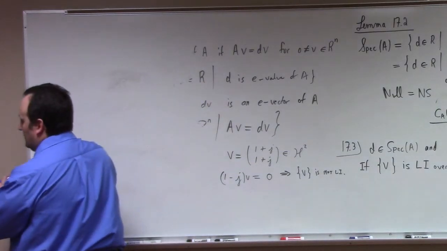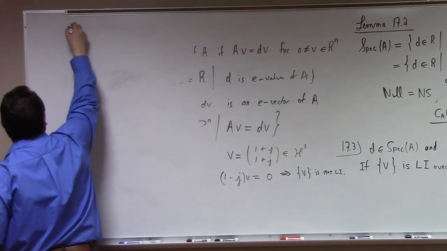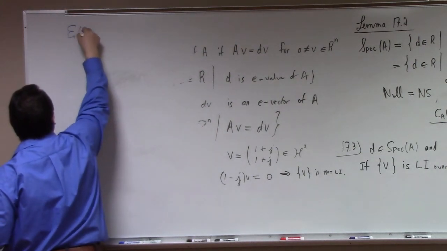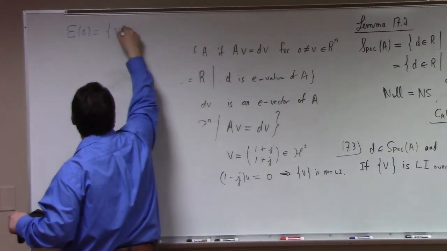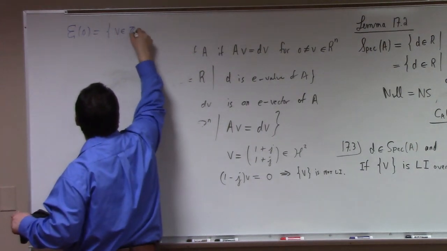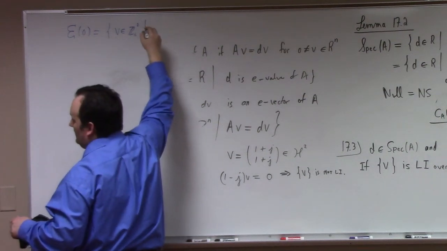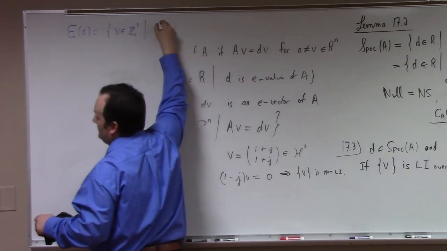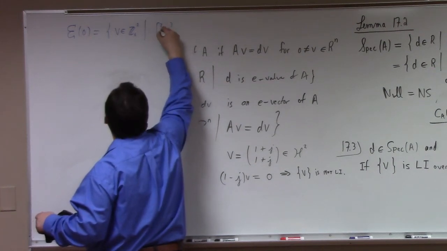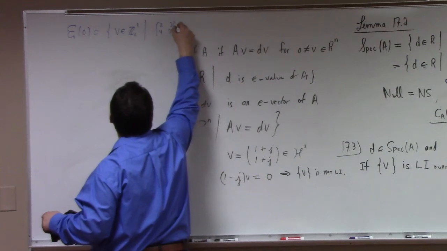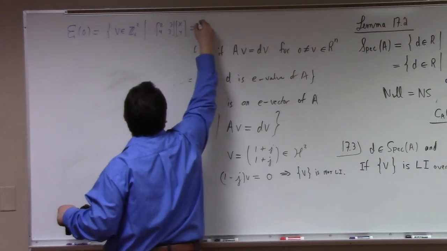So you guys tell me, what does the eigenspace for 0 look like? We're looking for v in Z6^2 such that the matrix 2, 3, 4, 3 times (x, y) equals 0, right?